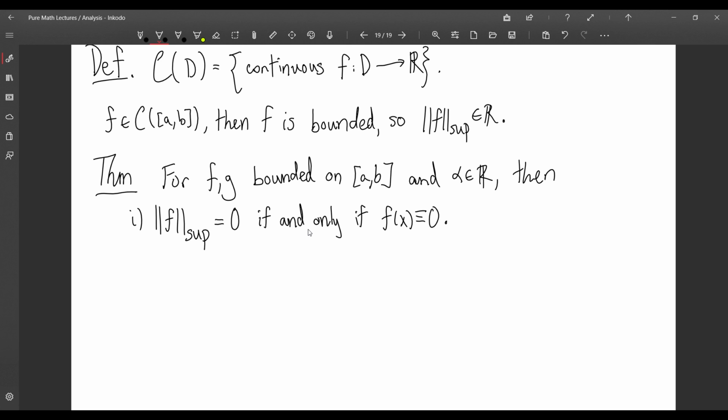I'm just going to write f equals 0, right? f is always equal to 0, at least on the domain a to b that we're considering. The next is that if we take the sup norm of alpha times f, which is just the function that you get by multiplying every value of f by alpha, this is going to equal the absolute value of alpha times the supremum norm of f.